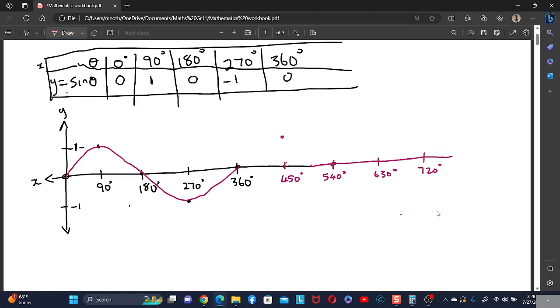And then sine 630, it is going to be negative 1. And then sine 720, that is going to be 0. Okay, let's draw this.